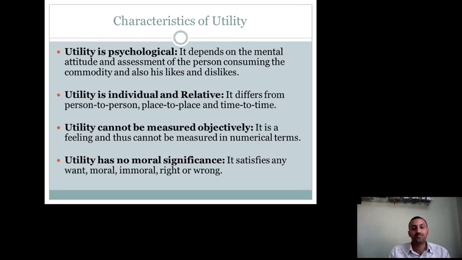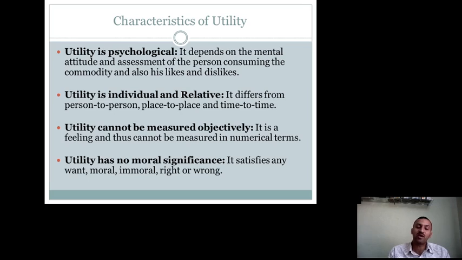For example, the food we eat, somebody may like that kind of food or may not. I may like chapati, some other person may like roti. So the utility out of roti for me is less, whereas if I get chapati, I will get more utility. Likewise, utility is dependent on the individual. It differs from person to person, place to place and time to time.